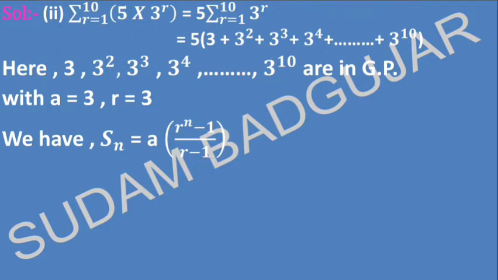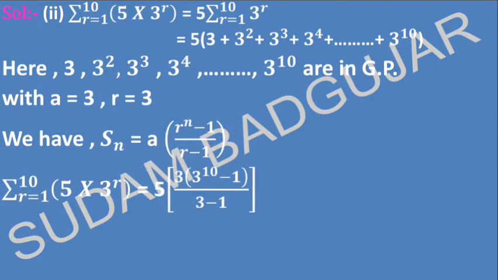Therefore the given sum, sigma of 5 into 3 raised to r goes from 1 to 10, is nothing but 5 written outside, and this is nothing but Sn, means the sigma is nothing but Sn. So what is a here? a is 3 and r means 3 raised to 10 minus 1 upon 3 minus 1, which is 2.